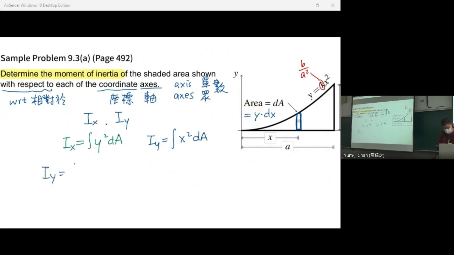Iy is equal to the integration of x squared dA, which is equal to the definite integral from x equals 0 to a, and then x squared. What's dA? dA is y dx, which is equal to b over a squared x squared dx. And of course, this is equal to y.